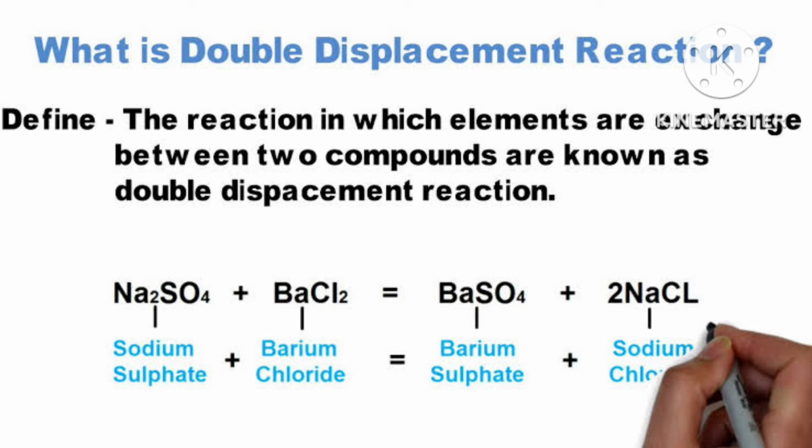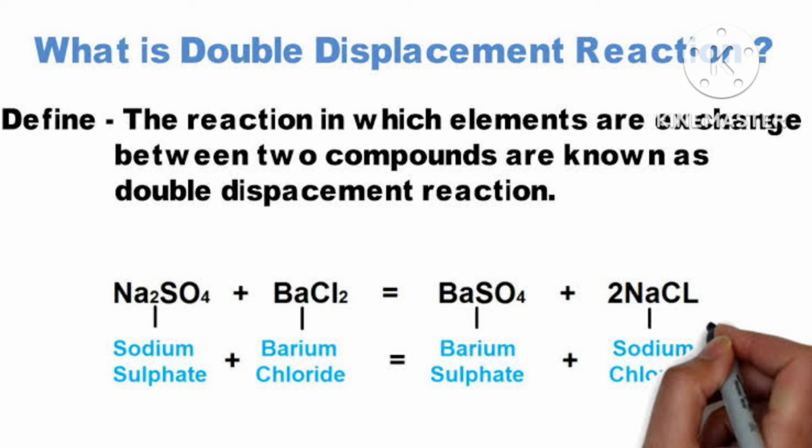experiences a disproportionation reaction. Take 2H2O2. Here hydrogen is +1 because it is a peroxide, and oxygen is -1. Don't forget: generally oxygen has oxidation state -2, but in peroxide it is -1.